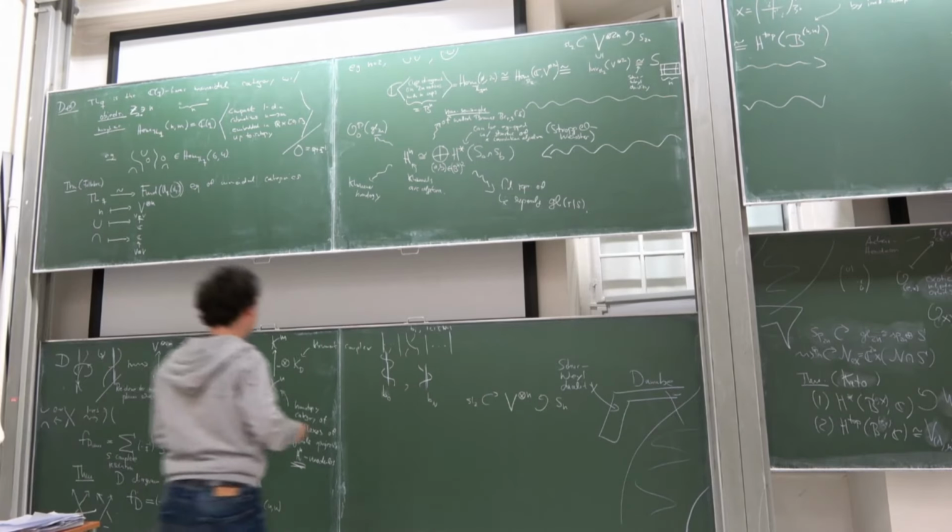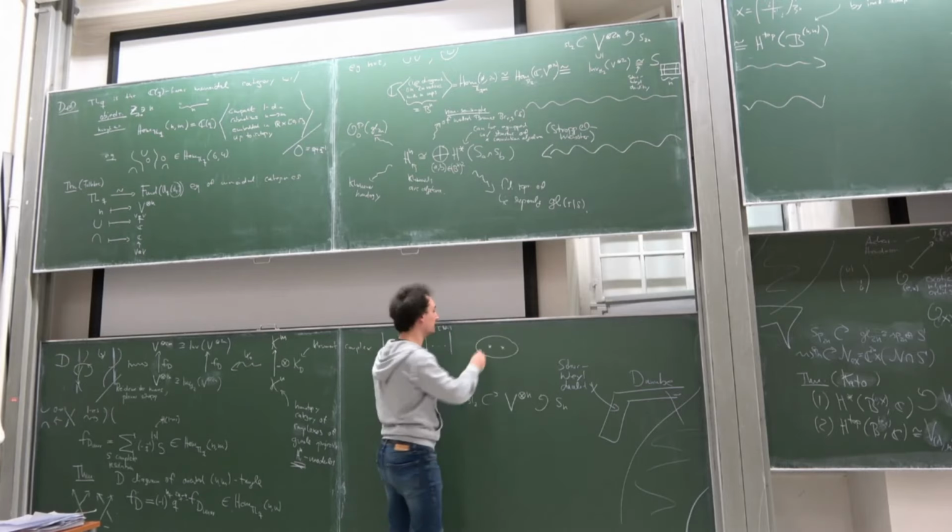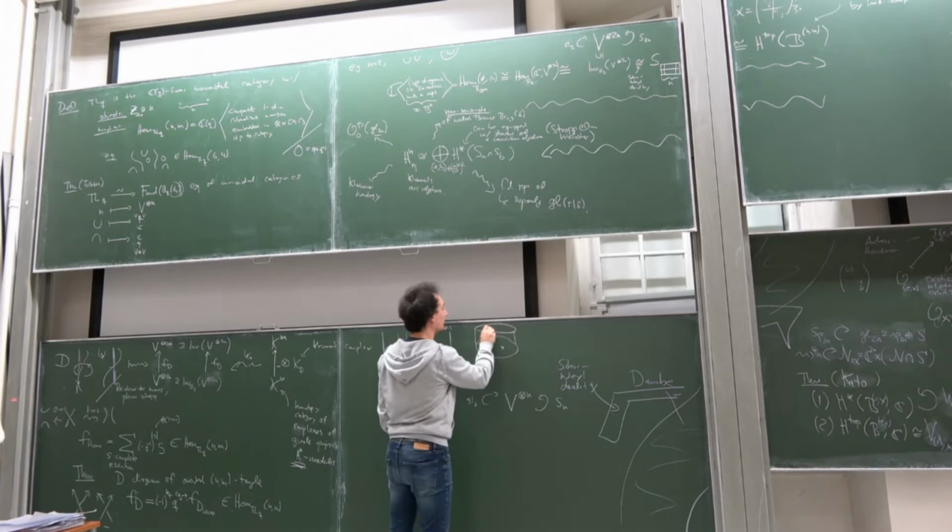So what I would think about this is you take some disk and you remove two points, and then you take this cross an interval. So here's a hole in your space, and then you look at tangles inside here.